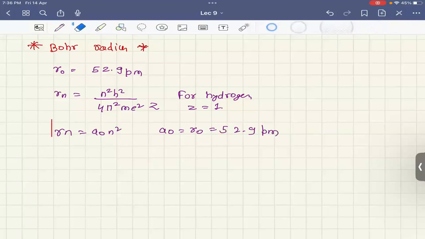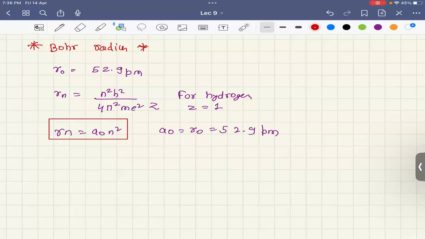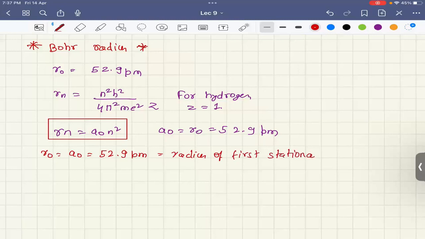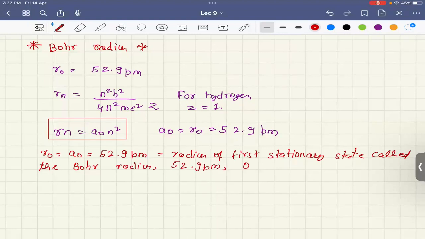So R0 equal to A0 equal to 52.9 picometer is the radius of the first stationary state, called the Bohr radius, which is 52.9 picometer, and in terms of Angstrom, it corresponds to 0.529 Angstrom. Angstrom is nothing but 10 raised to the power minus 10 meter.